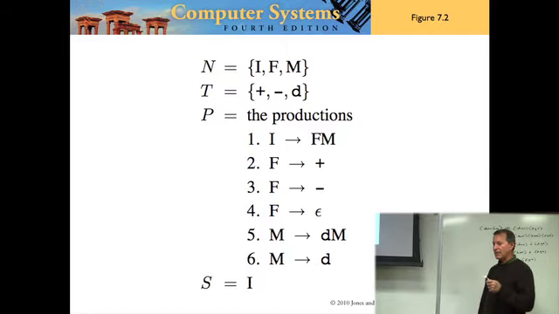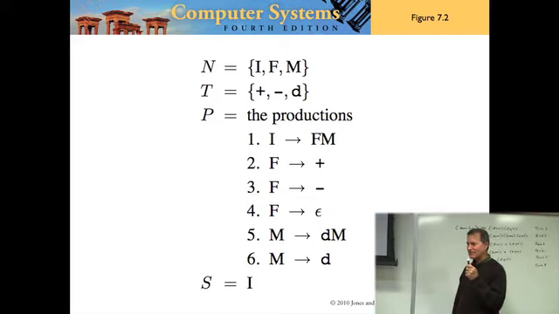Non-terminal. How many? One. A single non-terminal. Right? Now, if every production rule has a single non-terminal on the left-hand side, do you know what that's called? Context-free. That is called a context-free grammar.